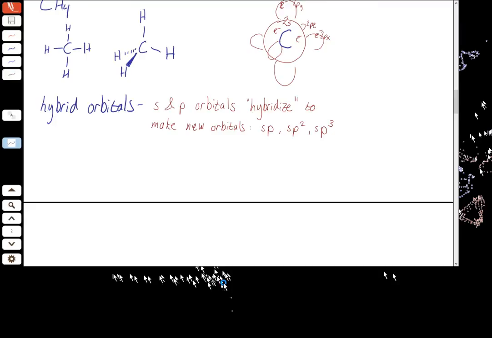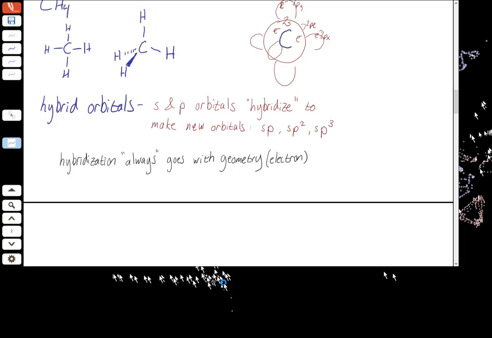So hybridization "always" goes with geometry. I'm going to put always in quotes because, of course, it's chemistry, so there are exceptions. For our purposes, we can make that assumption for now.